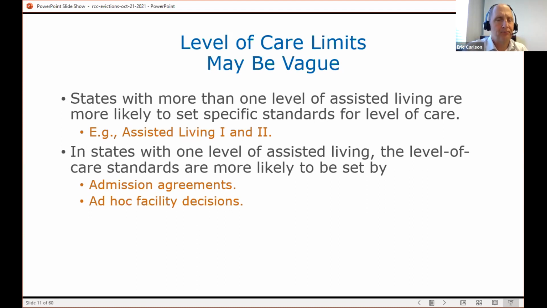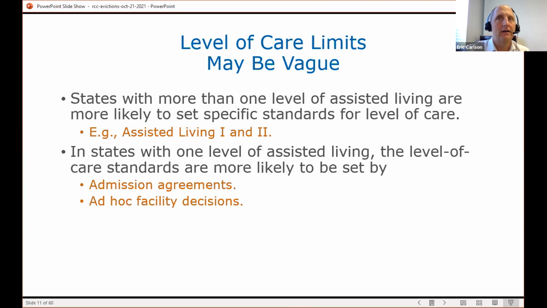You will also, however, in a lot of states not have levels of care like that and just have one broad category called, for example, assisted living or residential care facility for the elderly. In those states, in those facilities, there tends to be less clarity because it's such a broad spectrum of care needs within just that one category of facility.